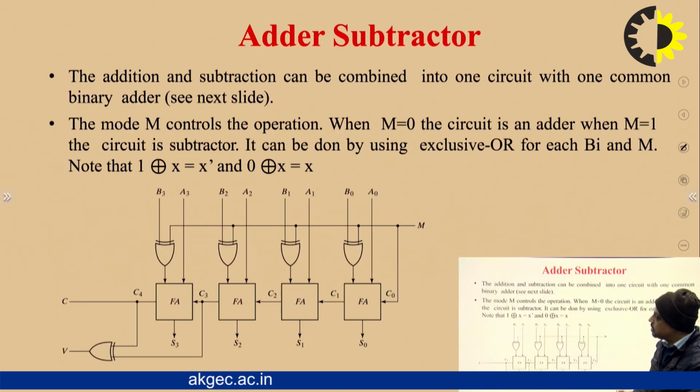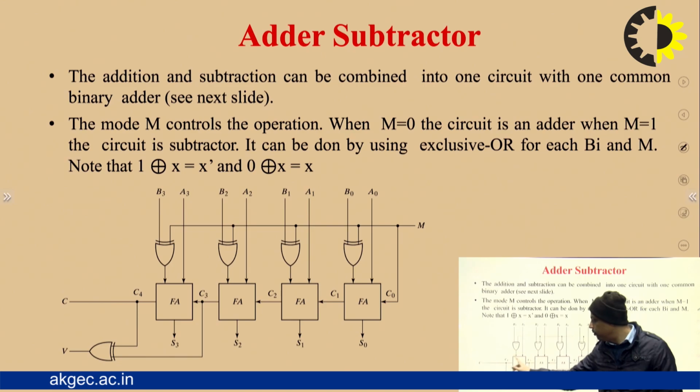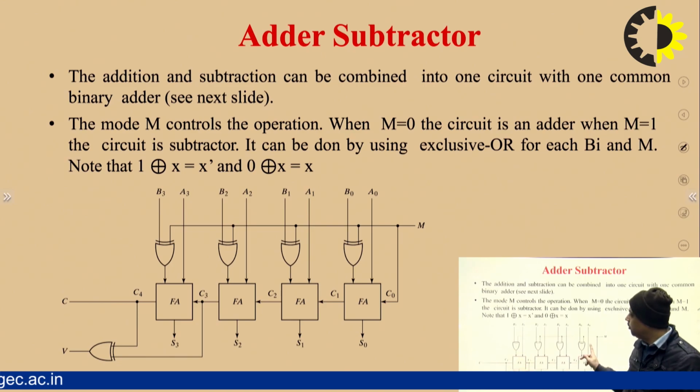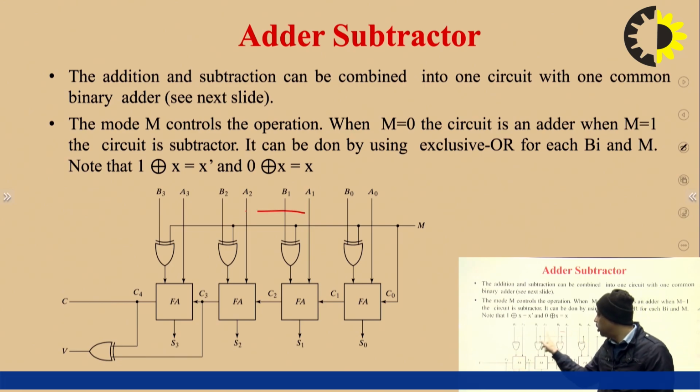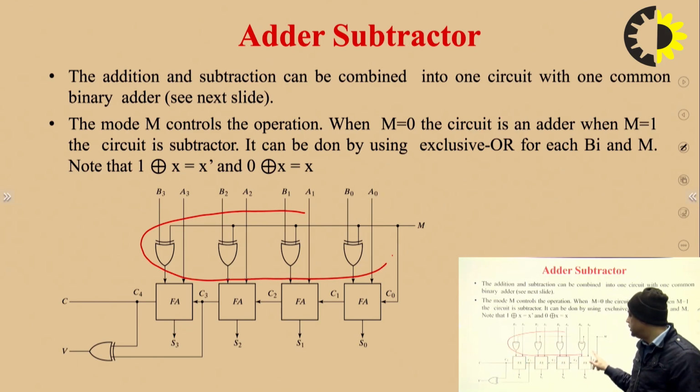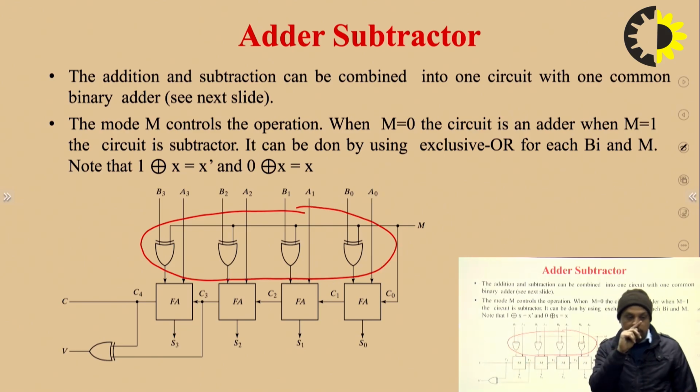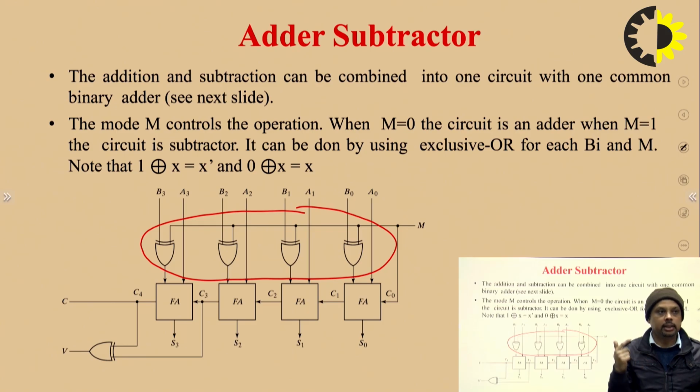Now again we can see this here is the 7483 IC, and again we have to use a combination of XOR ICs over here, so that this circuit can be used as an adder as well as a subtractor.